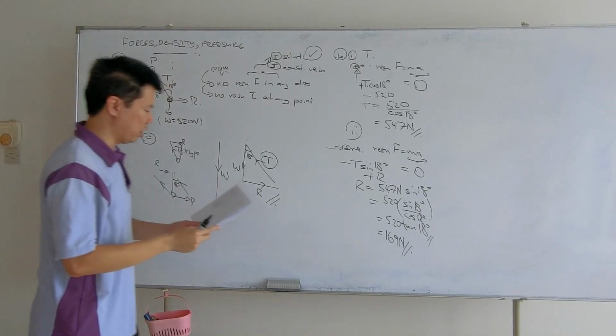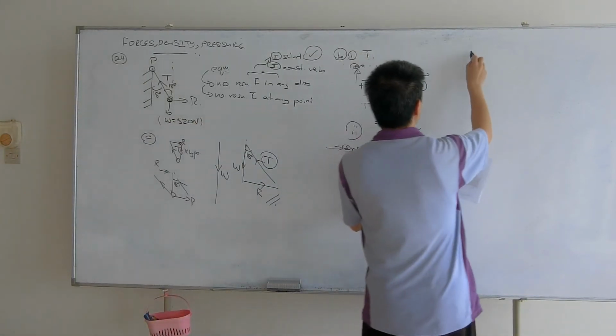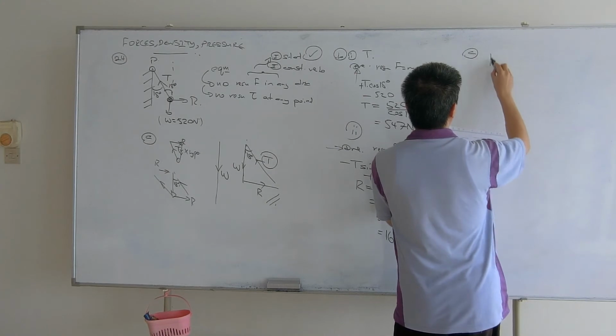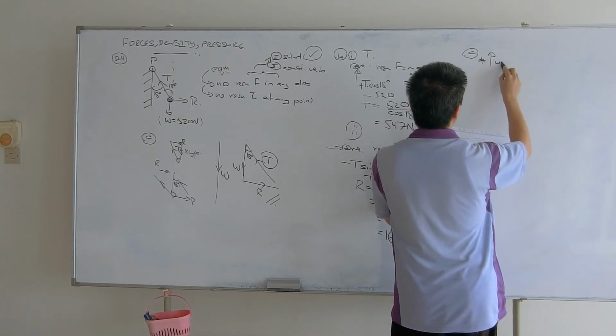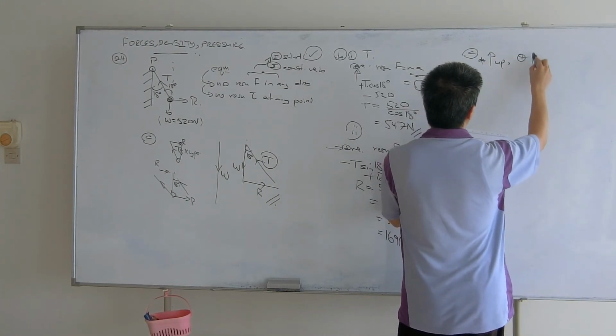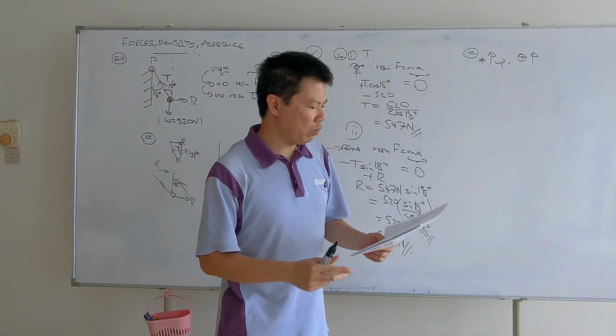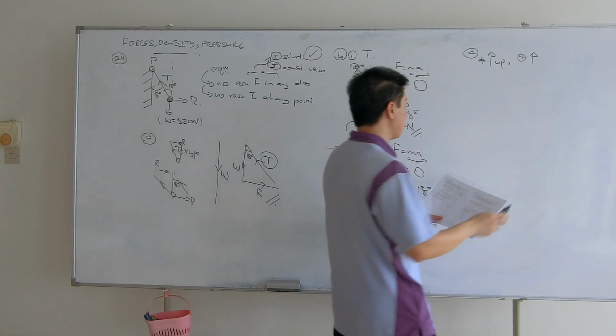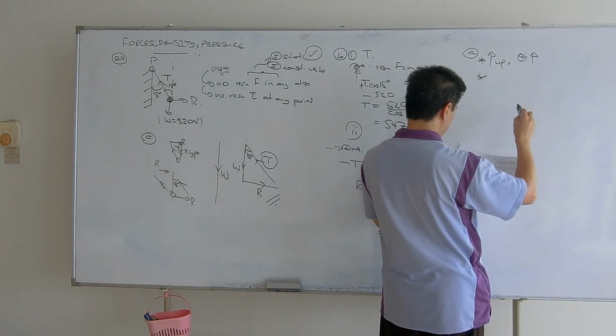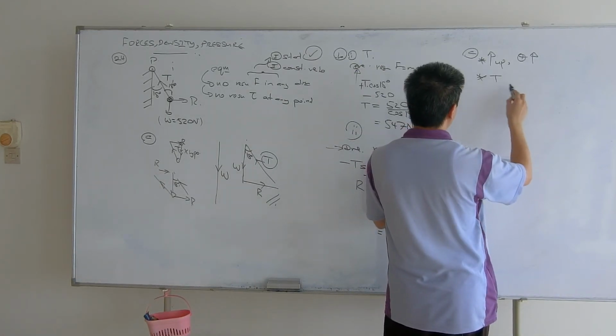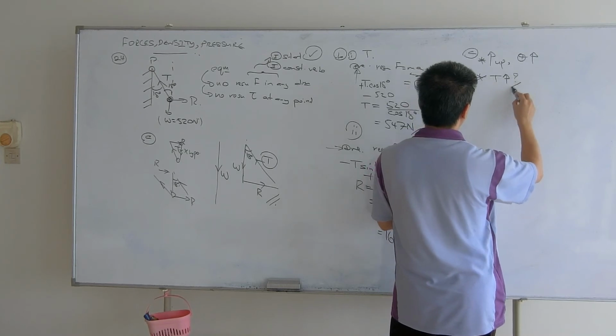So basically C states that the further up you go, your theta also goes up. Explain why the magnitude of tension in the rope increases. They ask you why would your T also increase.